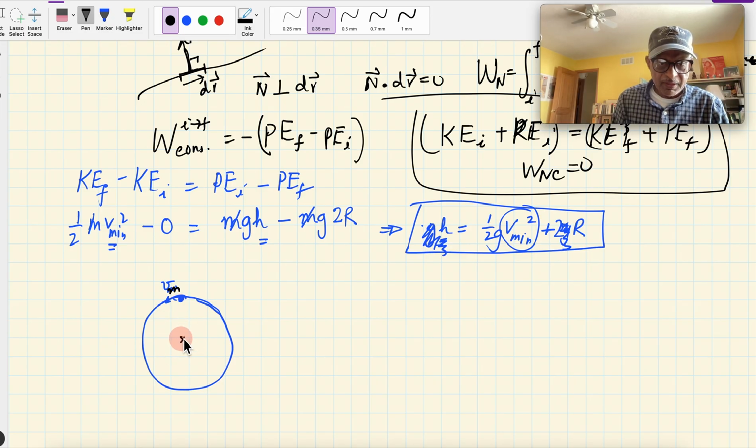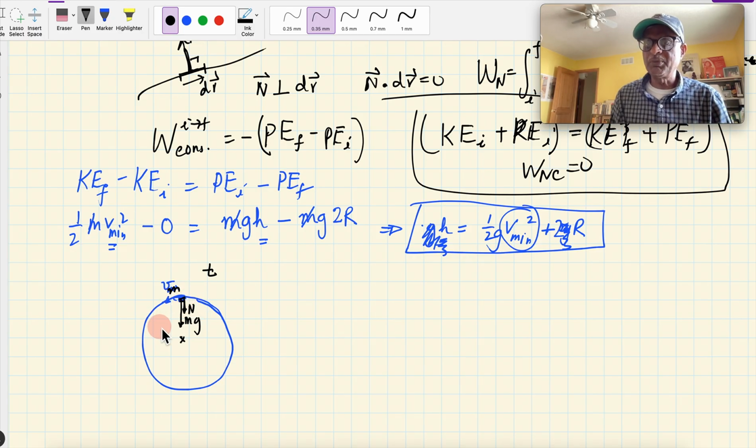The speed can be changing, but at this instant it's over here. If I were to write F equals ma, circular motion lets you do tangential and radial components. There are forces on it: mg is this way, and the block pushes against the track, and the track pushes back, so there will be a normal force this way.